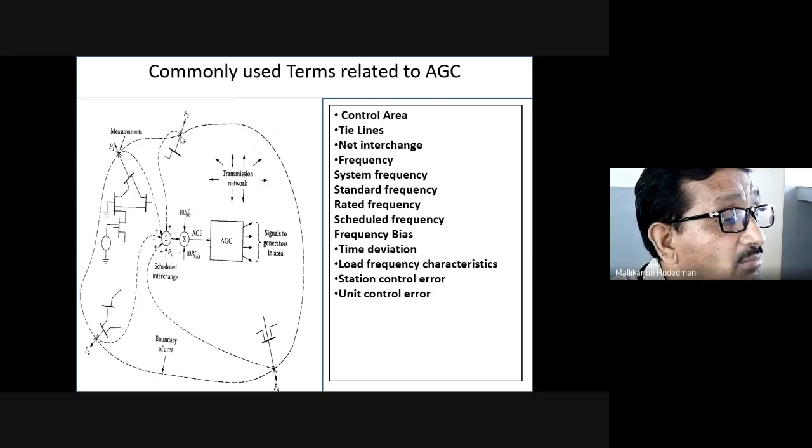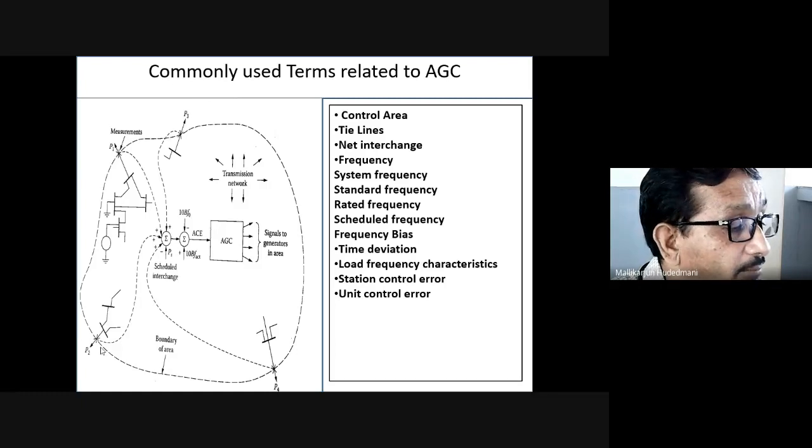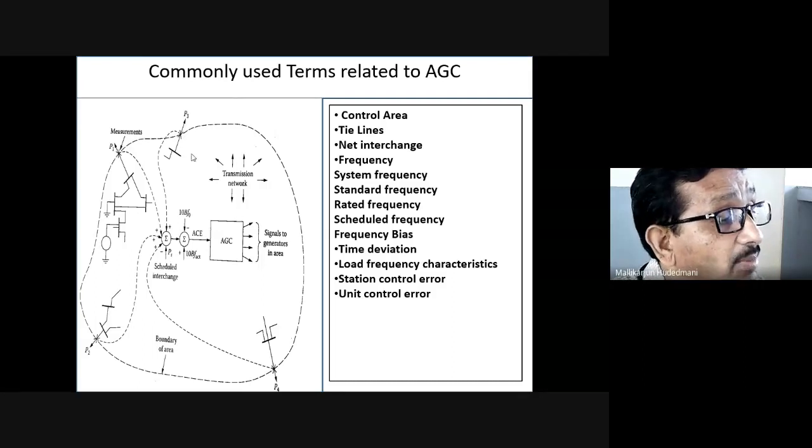At the boundary, I have marked here P3, P1, P2, P4. These are the terminals from which exchange of power from this corporation to the neighbor, or from the neighbor to this corporation, happens. So these are called transaction points.